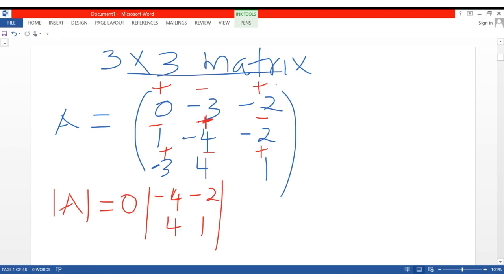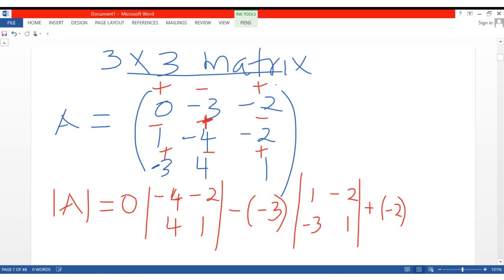Then the other one, the sign is negative. Then I have -3. Again, I block the column at the center and the first row. I'll remain with 1, -2, and then -3 and 1. And I'll block the last one. The sign is positive, but I have -2.